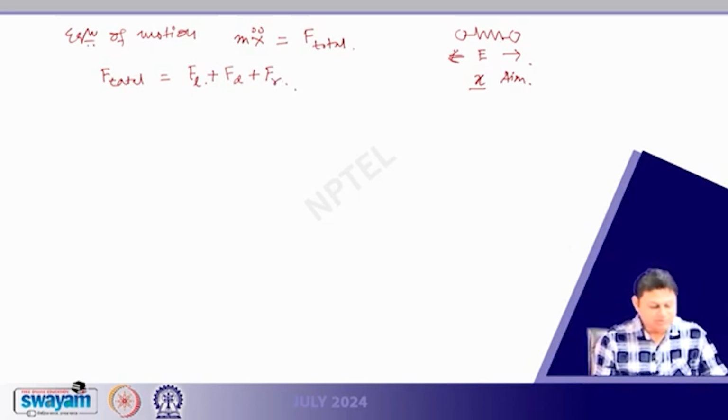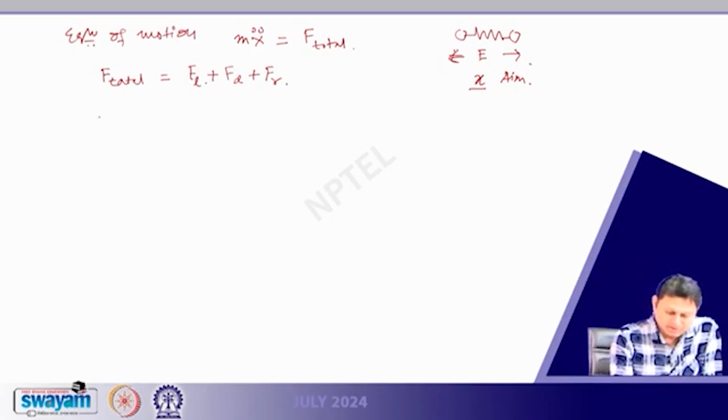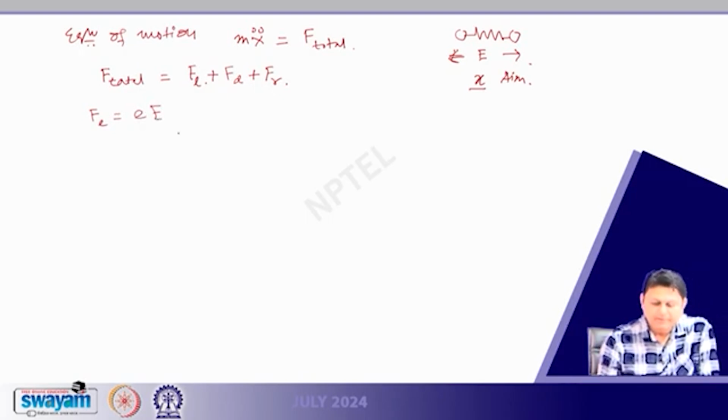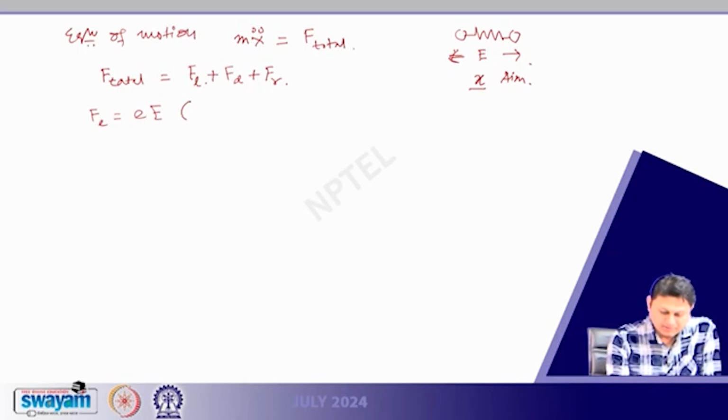So, these three forces we can have once we deal with this system as a spring mass system. Now, Fe, which is the external force, is simply electric field multiplied by the charge, and it is simply eE. This is essentially the driving force or external force.